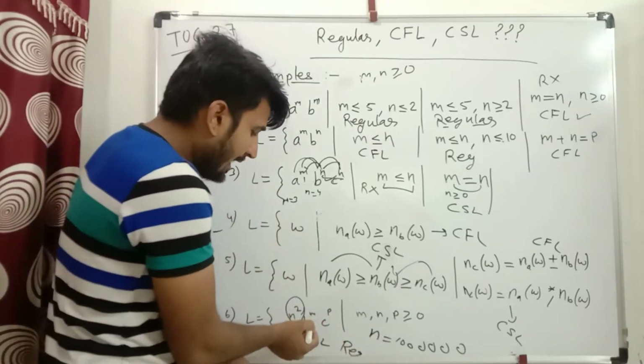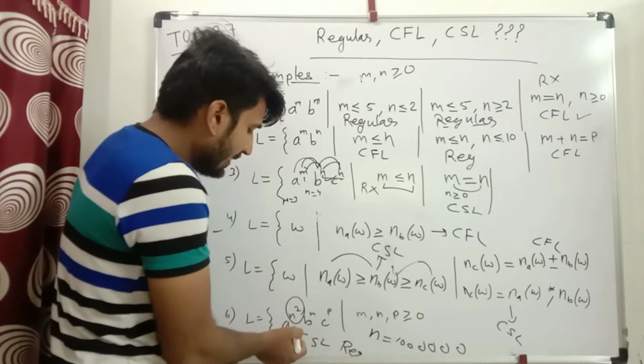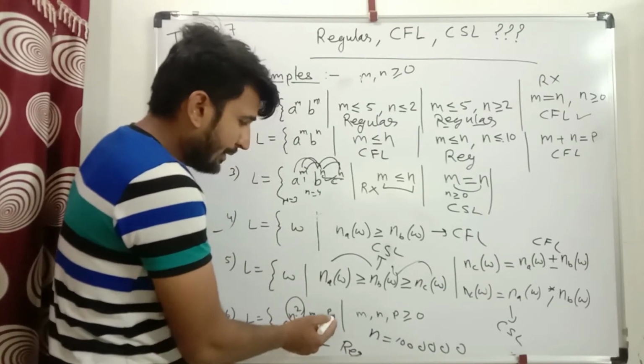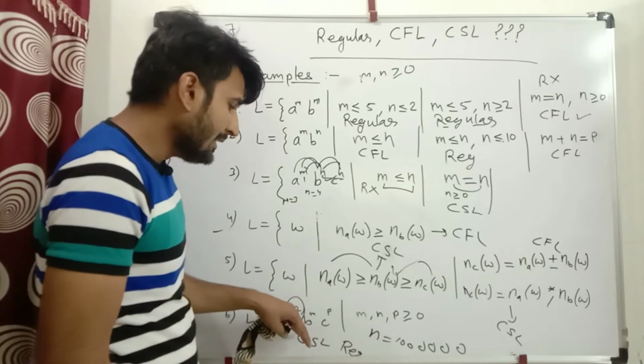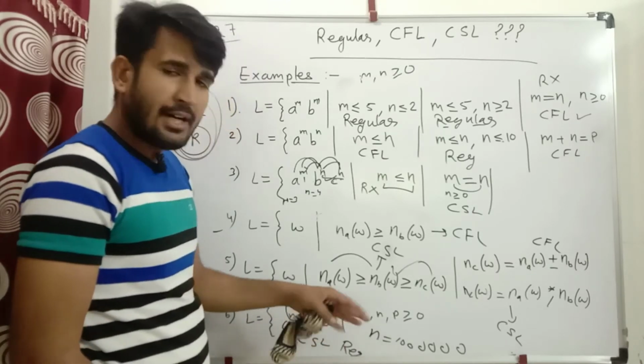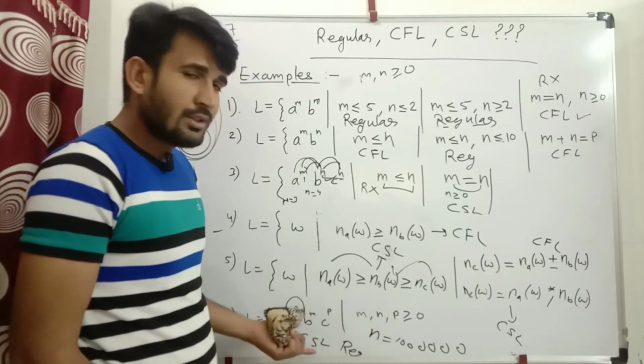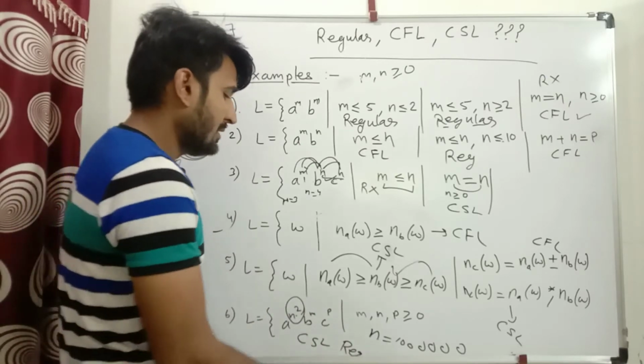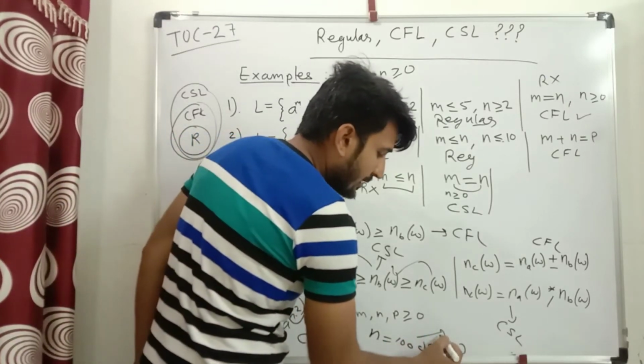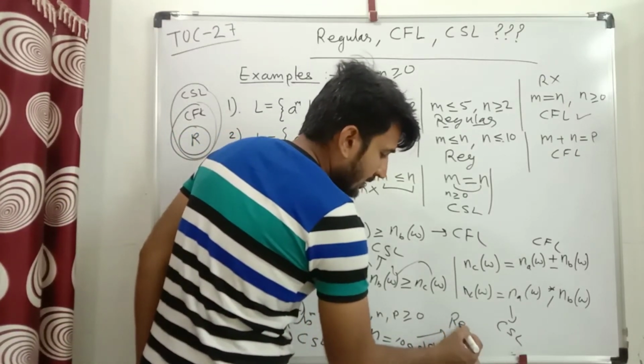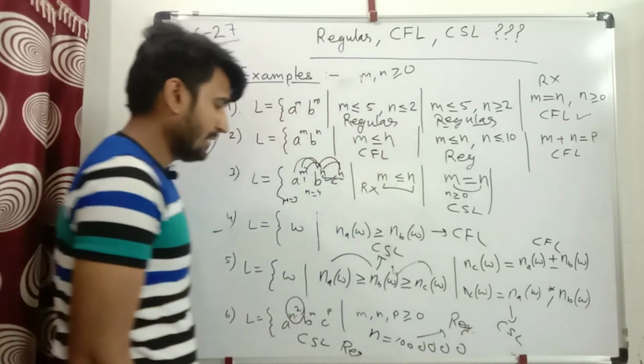There is no comparison between n and p, n is constant, and m and p are variables with no comparison, so it is a regular language. If n is given as constant, then it is regular.